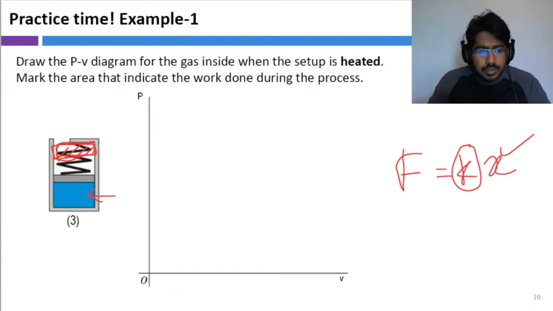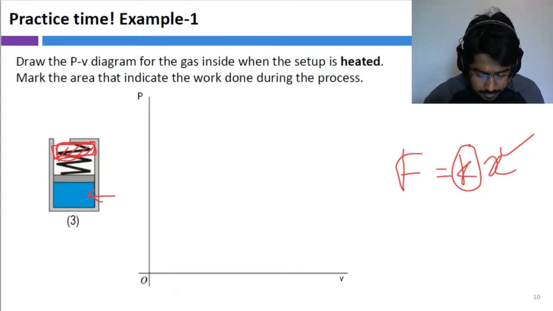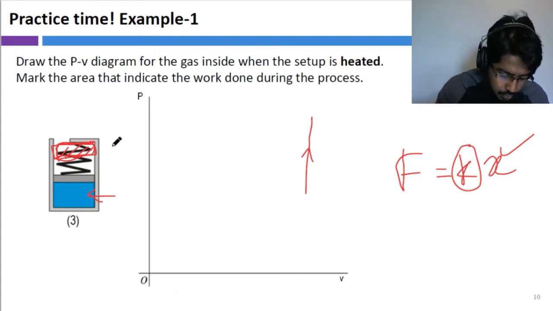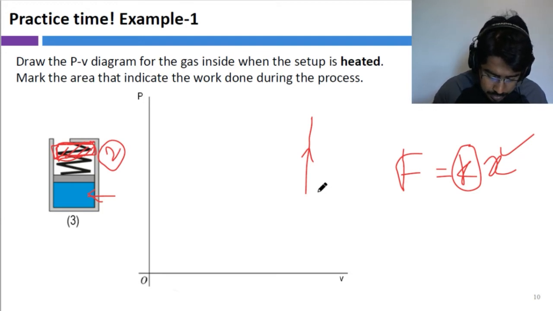Now the pressure starts building. That part is pretty simple. That is going to be an isochoric process. Let's say this is 2 and the higher pressure is 3, from 2 to 3.